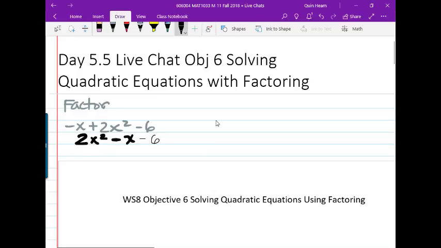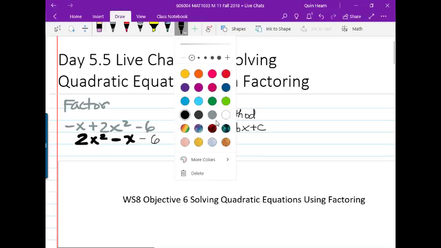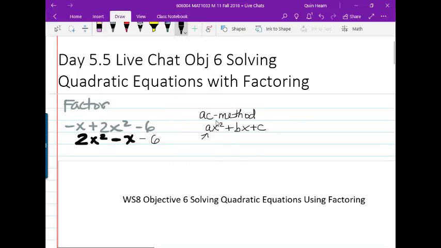Okay, and then we used the AC method, and I just want to emphasize that if you want to use a different method, that's fine, but pick a method and stick with it. This one refers to the fact that this trinomial fits the pattern of ax squared plus bx plus c. The coefficient of x squared, the number being multiplied by x squared, is called a.